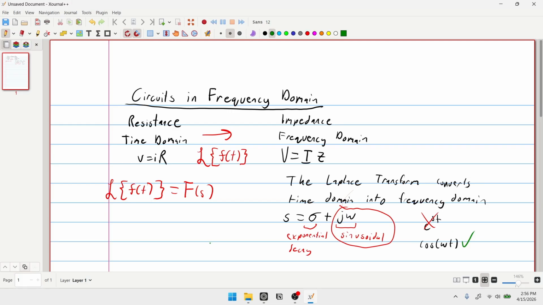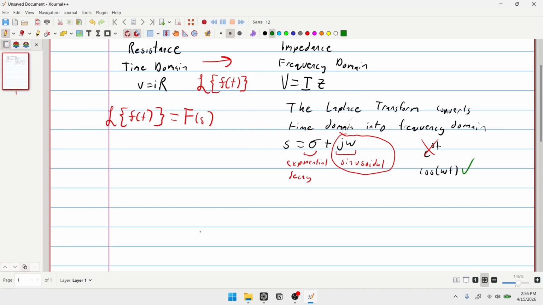Alright, so let's get some basics of Laplace transform out of the way. If we take the Laplace transform of the derivative of a function with respect to time, we will get out the Laplace transform of the function. Let me rewrite this bigger.